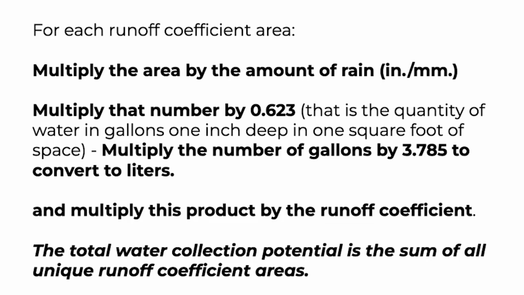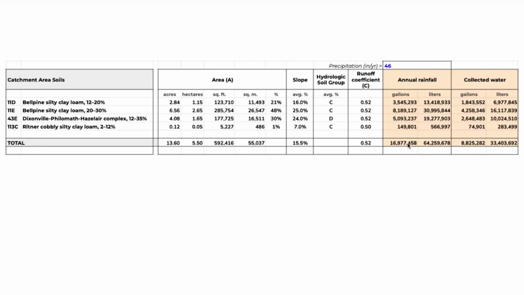We then multiply this product by the runoff coefficient, and the total water collection potential is the sum of all unique runoff coefficient areas. So we have our areas here, and we can multiply the area by the amount of rainfall. In order to get gallons, we multiply that product by 0.623, and to convert to liters, we multiply this number by 3.785.